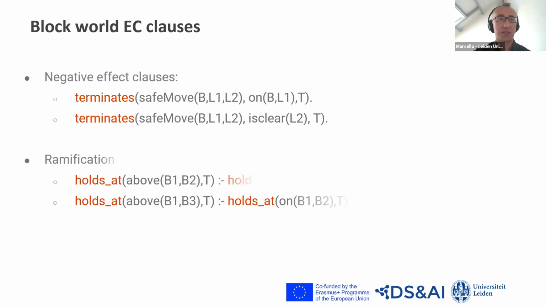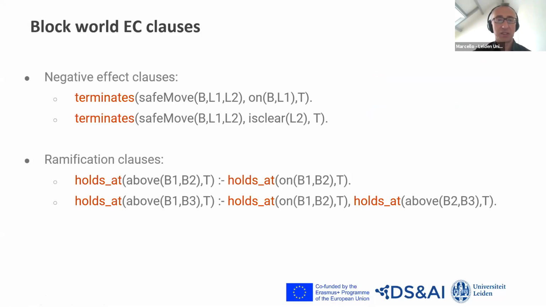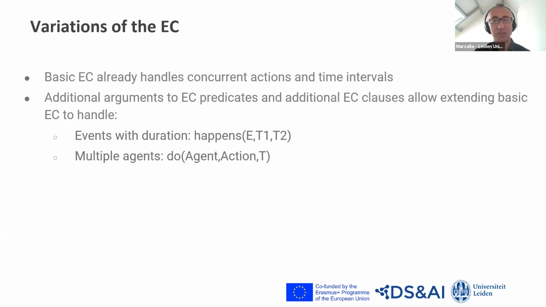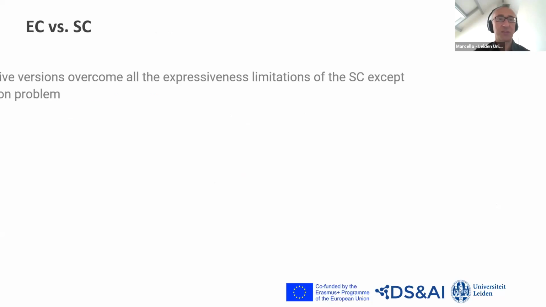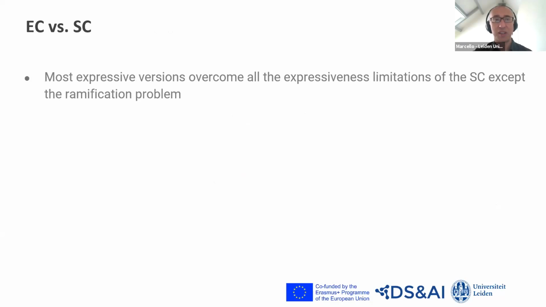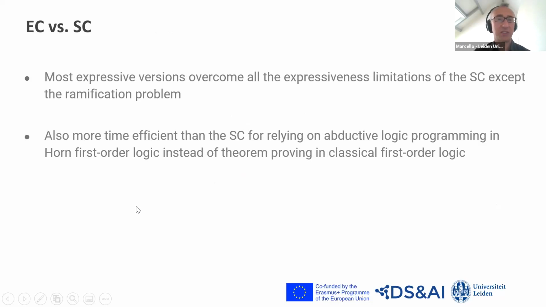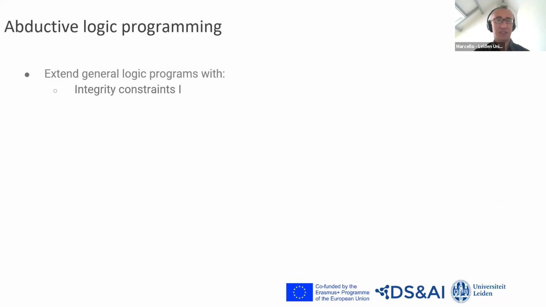There are some things about the problems we saw before, the negative effect, the ramification, and all kinds of discussion here. And then here is the difference between event calculus and situation calculus. It is more expressive, more efficient, and this is where it's used.